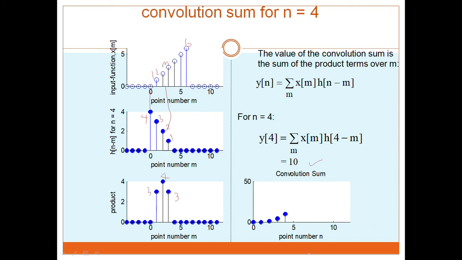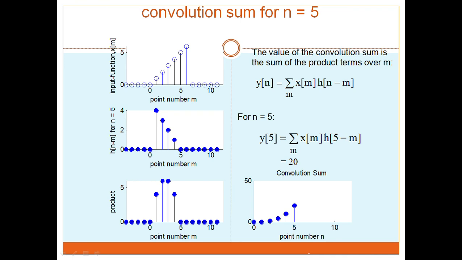You have to shift again, until every point with values is covered. You will sum every point until the n will be 0. So again you multiply the first one with this one, 1, 4 times 1, 3 times 2, 2 times 3, and 1 times 4.